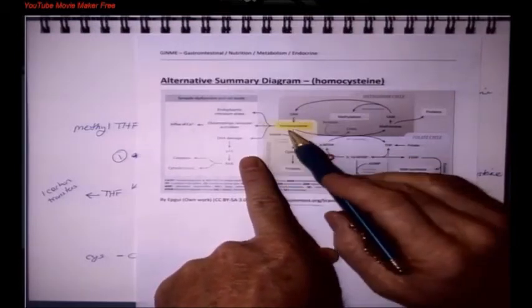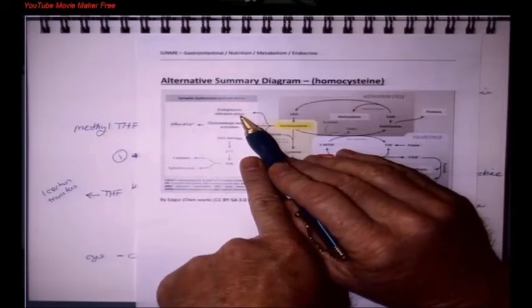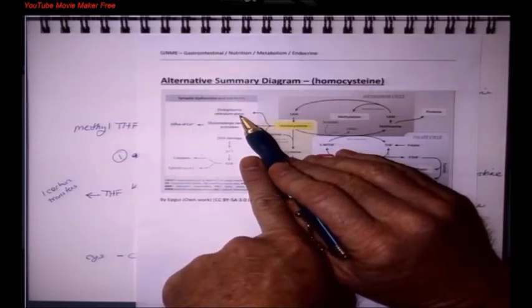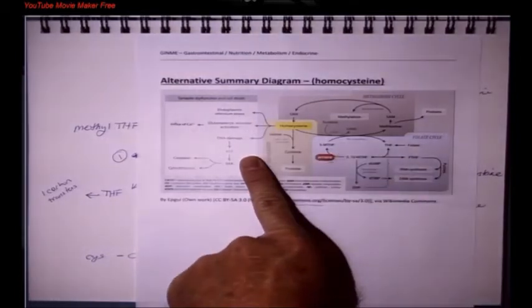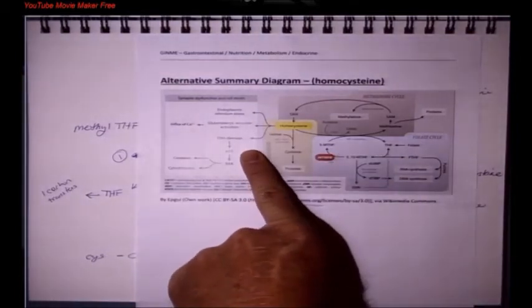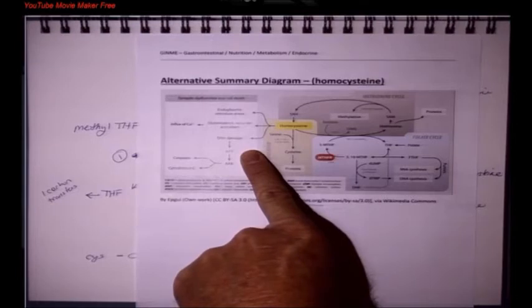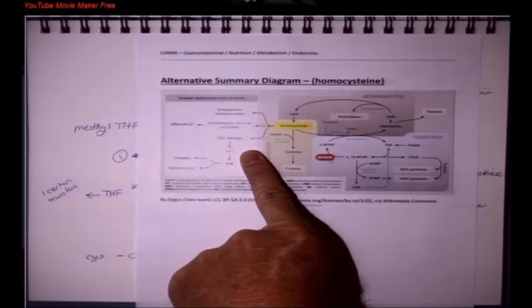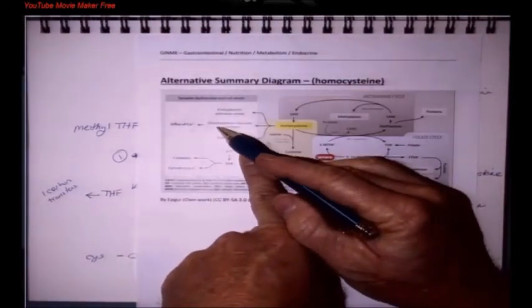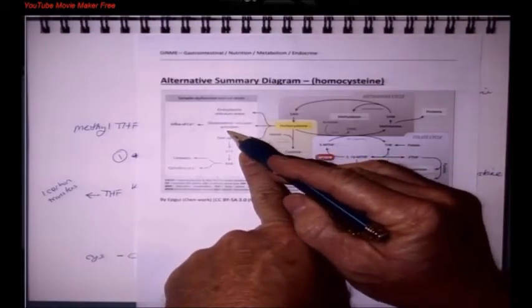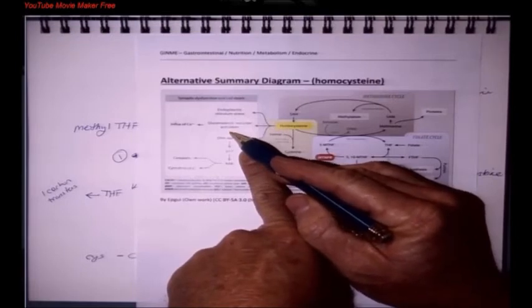Homocysteine is associated with endoplasmic reticulum stress. So this stress in the endoplasmic reticulum is often due to protein misfolding and oxidative damage. Glutamatergic receptor activation.